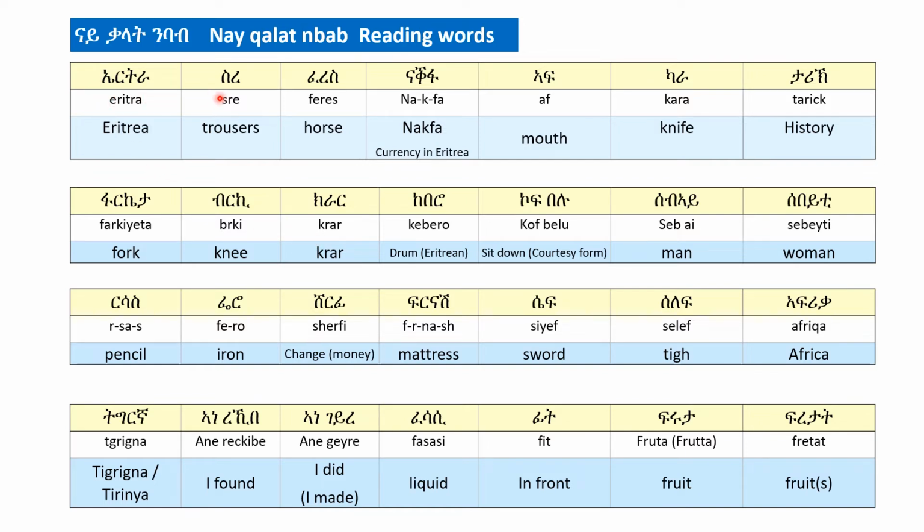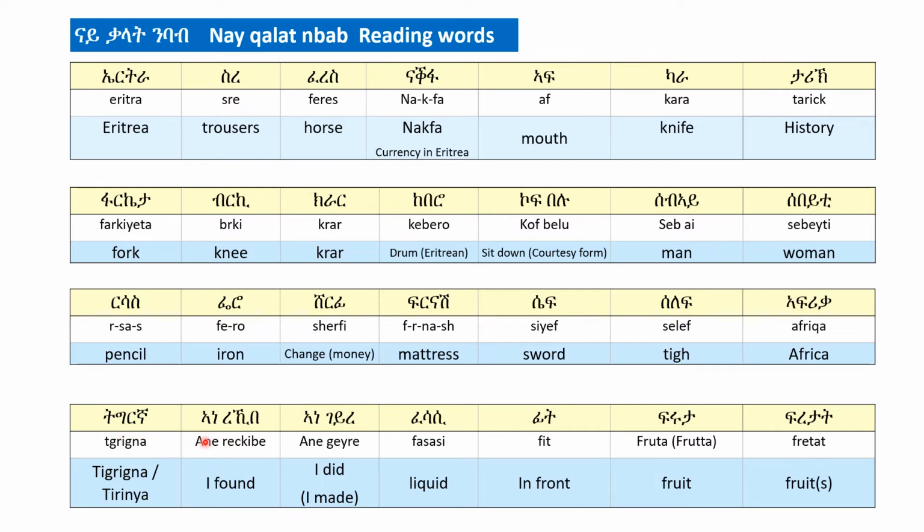Eritrea, Sre, Feres, Naqfa, Af, Kara, Tarikh. Farketa, Birki, Kirar, Kebero, Kof, Belu, Sebay, Sebeyti, Rısas, Ferro, Şerfi, Fırnaş, Siyef, Selef, Afrika.